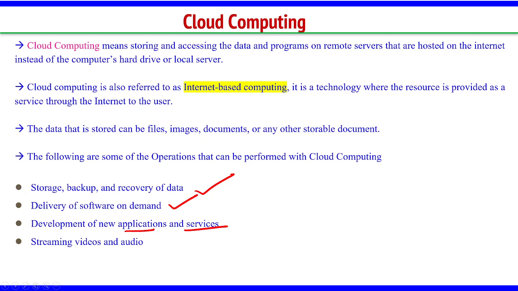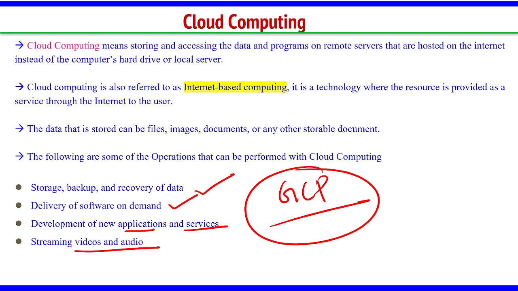Then streaming of videos and audio. Streaming is one very important feature of cloud. Cloud platforms provide us a lot of services related to streaming. When you watch YouTube videos, they are using Google Cloud Platform. The storage is done in GCP, and when you are watching a video, you are accessing the video stored in Google Cloud Platform.